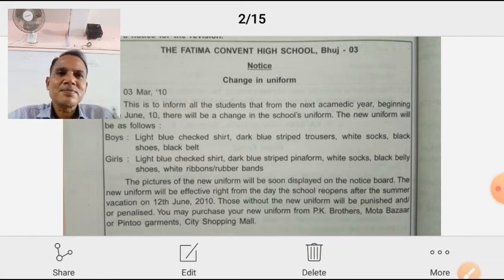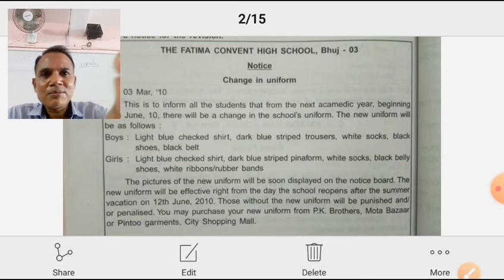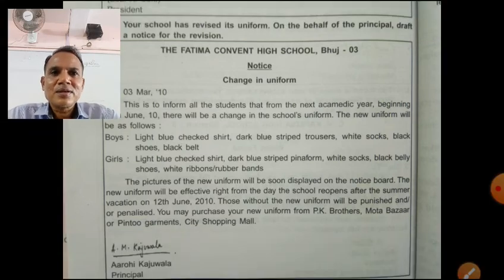So sometimes we can write the notice using paragraphs along with the points. And below this one, signature is done, Arohi Kajuwala, this is the name of the principal, and below this one the designation, principal. You go through it.